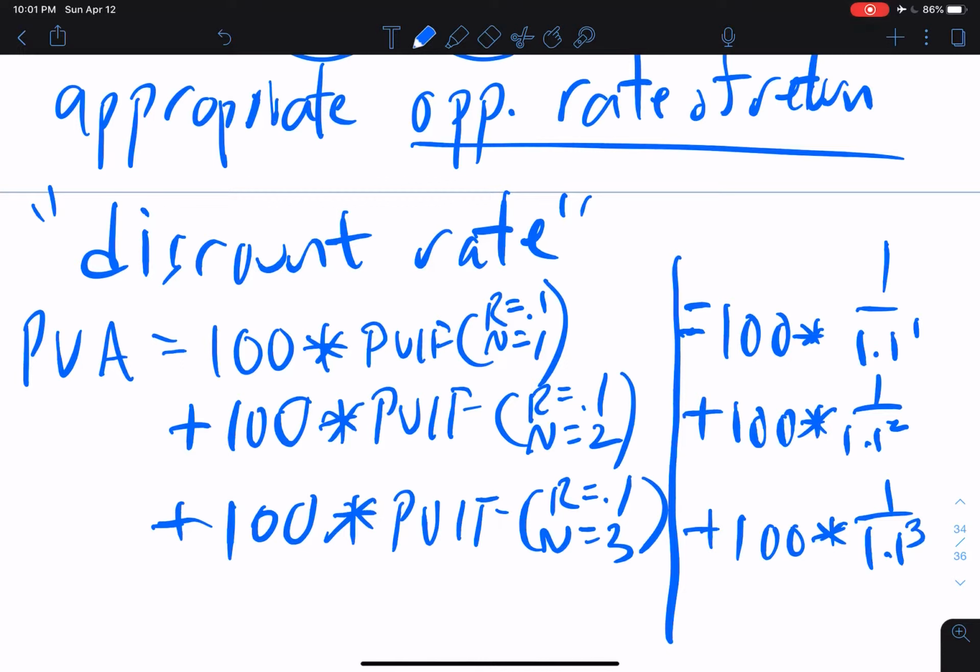Okay, and then here circled in red are our present value interest factors.